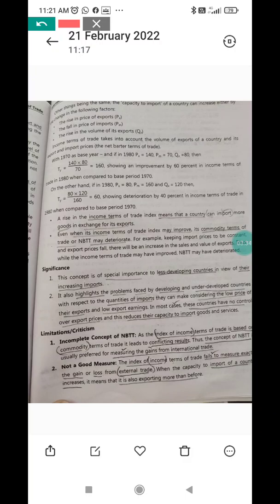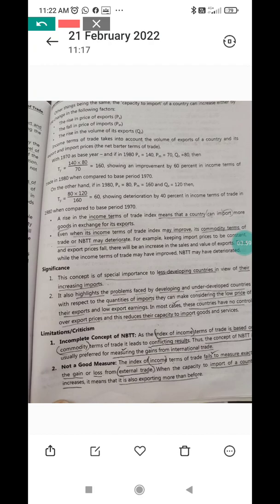What are the changes? The rise in the price of export, the fall in the price of import, the rise in the volume of its export. So the price of export PX, price of import PM, volume of its export QX. Volume, I mean quantity of export QX.